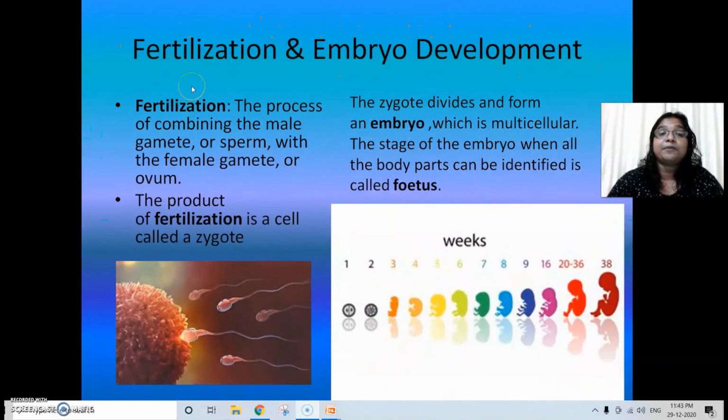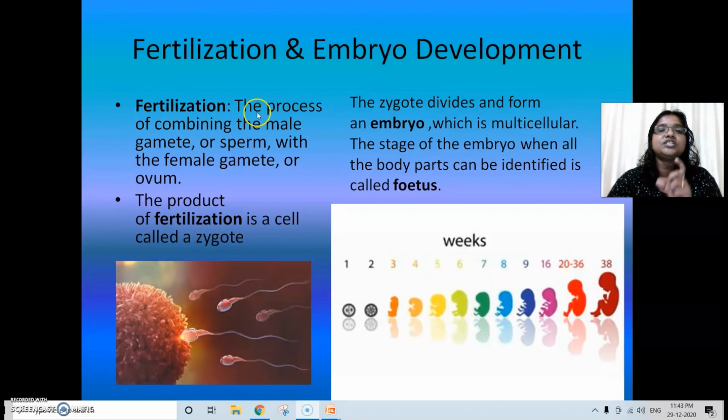Let's see about the process of fertilization and embryo development. The male and the female gametes: the male gamete is called the sperm, the female one is called the ovum. Am I right? Yes. They fuse together. The fusion of the male and the female gamete is called fertilization.